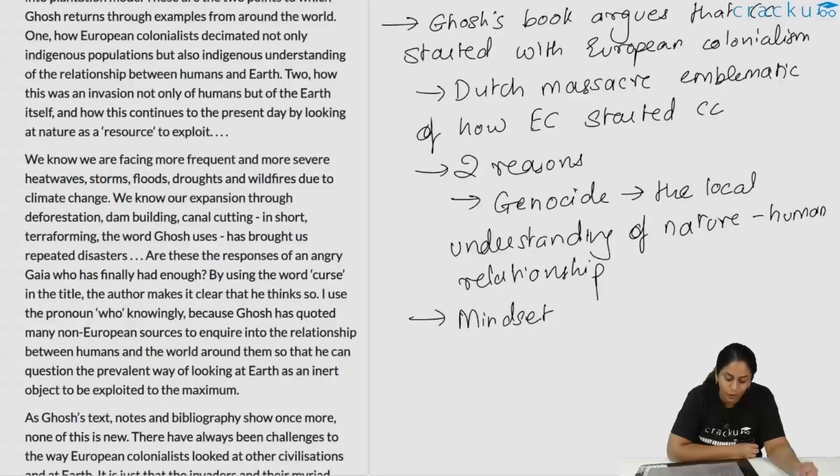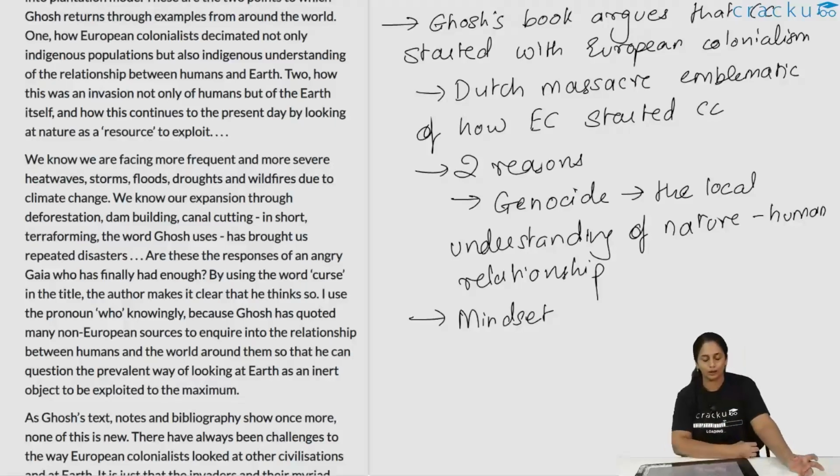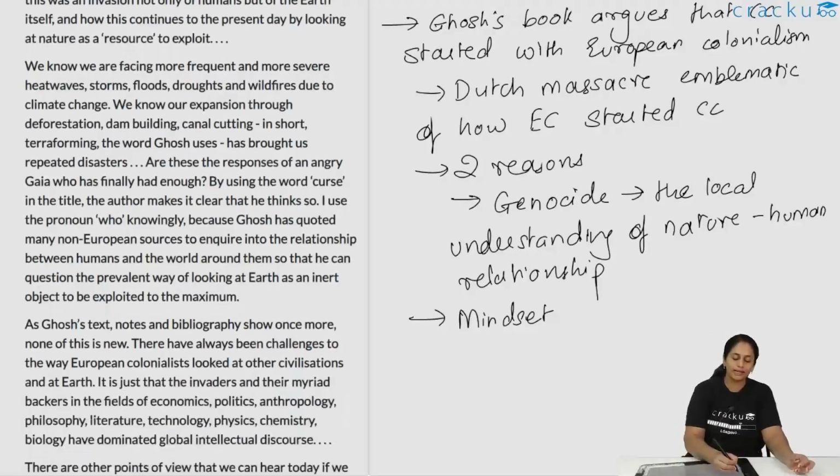I use the pronoun who knowingly because Ghosh has quoted many non-European sources to inquire into the relationship between humans and the world around them, so that he can question the prevalent way of looking at Earth as an inert object to be exploited to the maximum. So what exactly is the author saying?